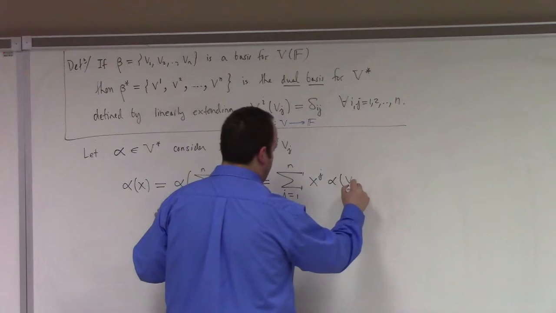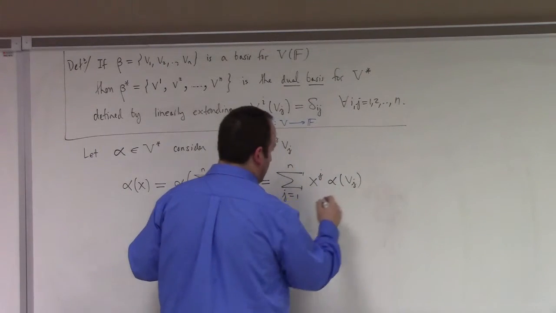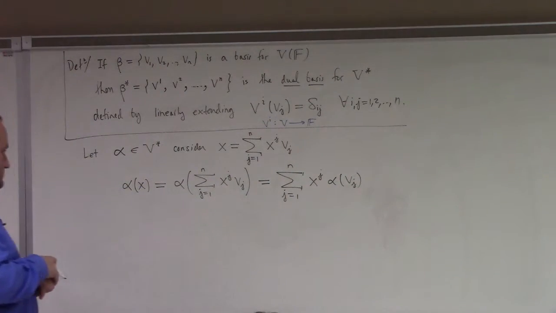Alpha of v_j. Man, what to do about this then? That's not quite productive yet, is it? What is x^j, though? I forgot to prove a little lemma. Sorry about that. I'll do it up here.